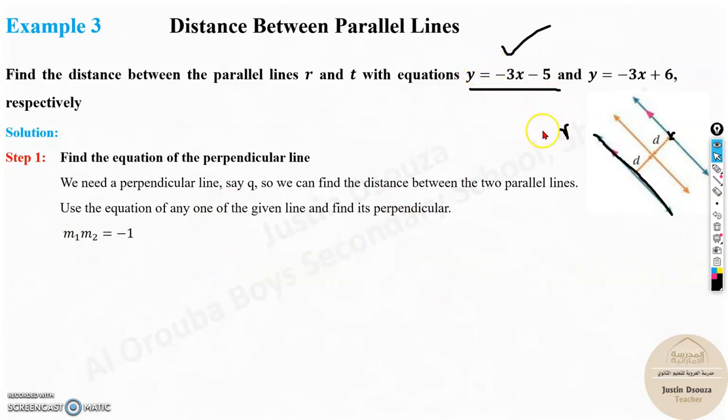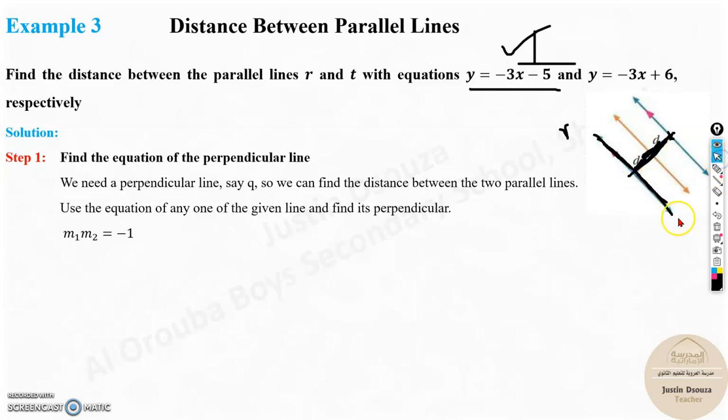Now what we will do is find the slope of the perpendicular line for this. We know the product of the slopes of perpendicular lines is -1. So I'm considering this line and I will find a perpendicular line originating from this.